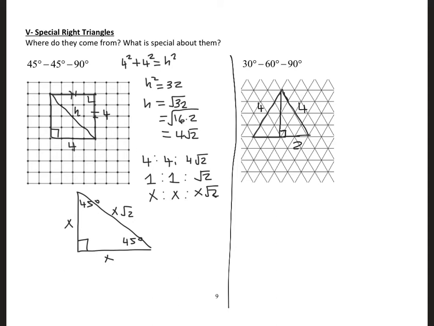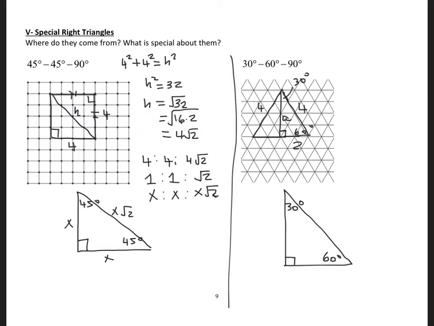Now I'm going to draw half of the triangle and find side a. Let me call it a. Remember, this is 60, and the top here is 30 degrees. So this is 60, this is 30 degrees, and that's 90 degrees.